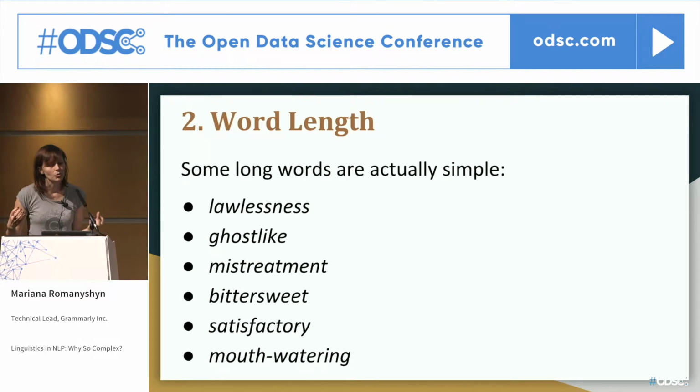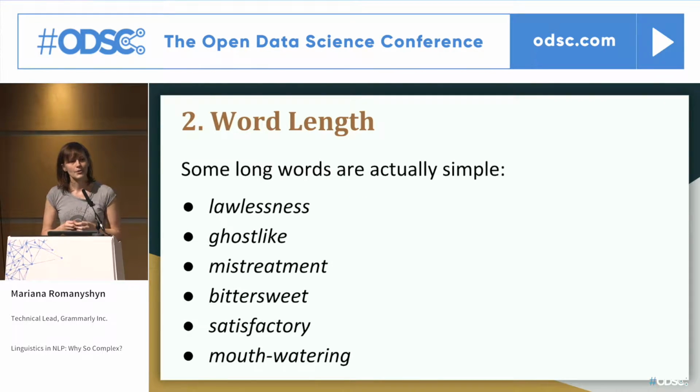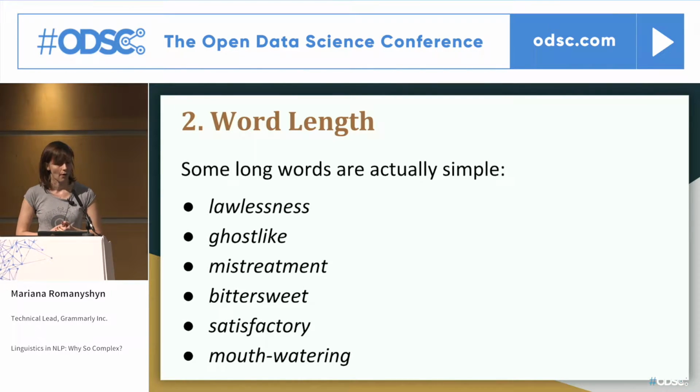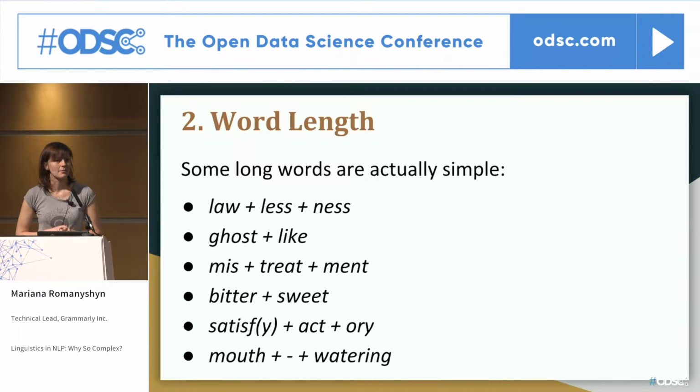It turns out that some long words are actually simple because you can easily derive the components that they were built from. If you say mistreatment, you know that it comes from the word treat. If you know the word treat, you know the word mistreatment. If you know the word mouth and the word water, then you would understand the word mouth watering, and so on. So what do we do now?